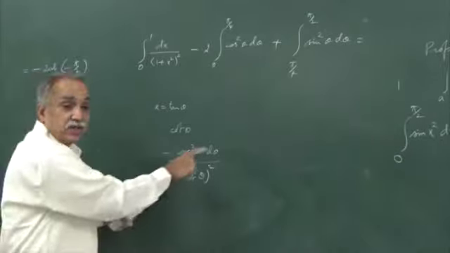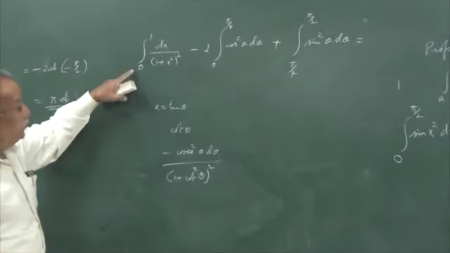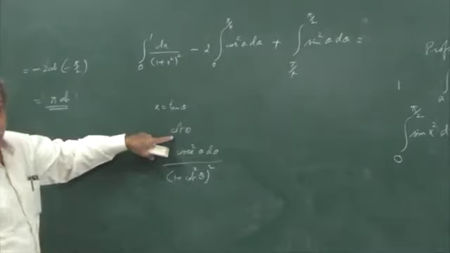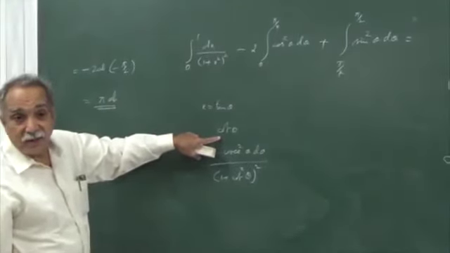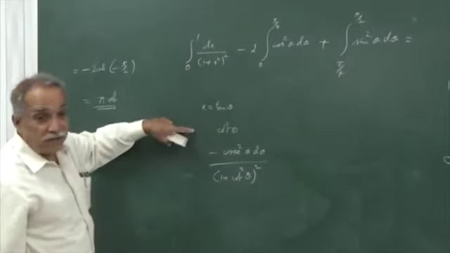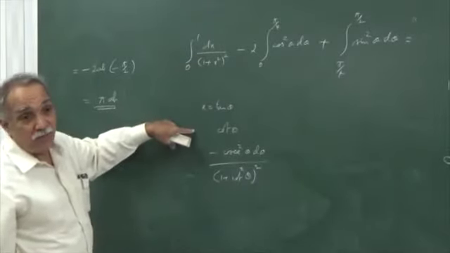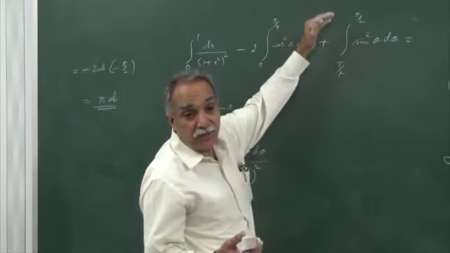It becomes minus sin square theta d theta. With new limits, when x equal to 0, cot theta is 0, theta is pi by 2, upper limit. When x equal to 1, cot theta is 1, theta is pi by 4. You will get lower limit pi by 2, upper limit pi by 4.